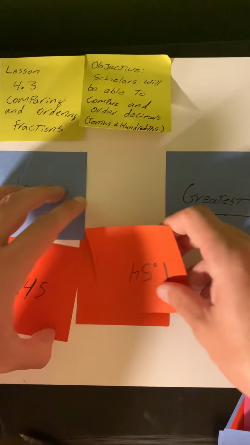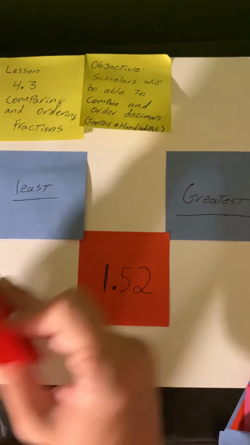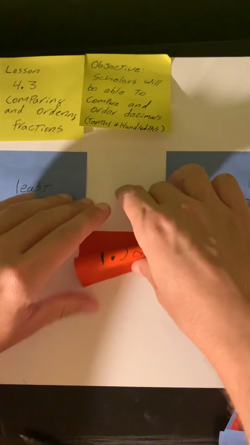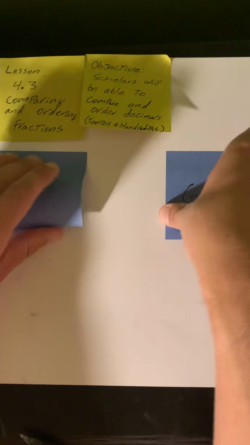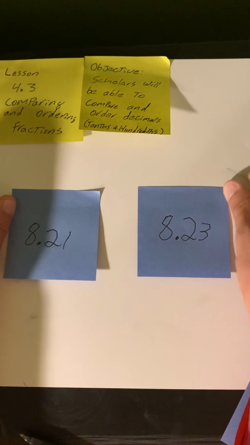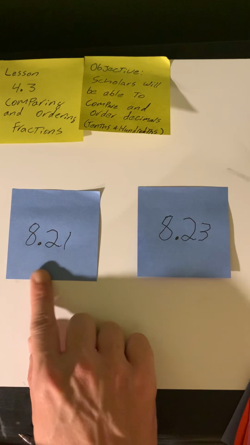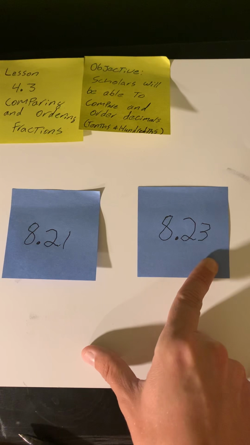So now we're going to do some practice with these concepts I've gone over so far. For this one, I need to make a comparison. I'm comparing 8 and 21 hundredths to 8 and 23 hundredths.